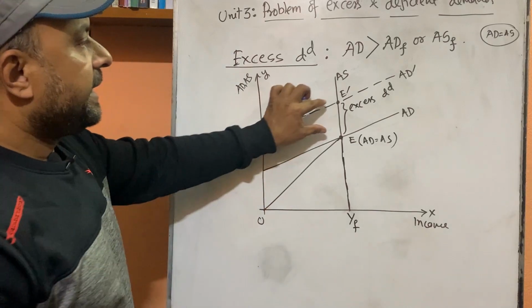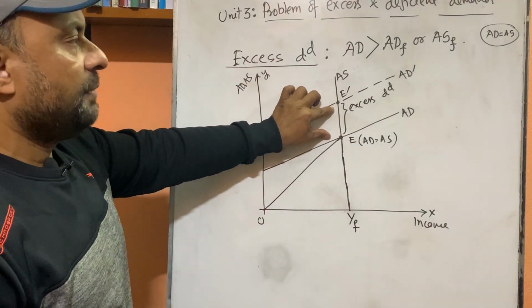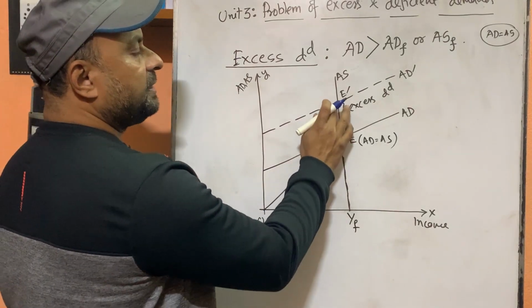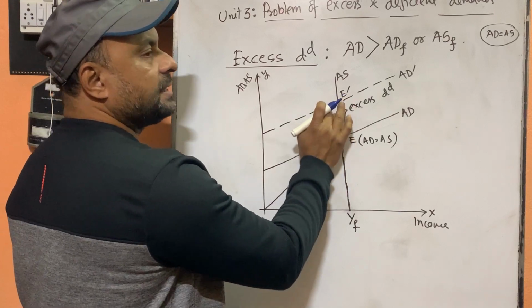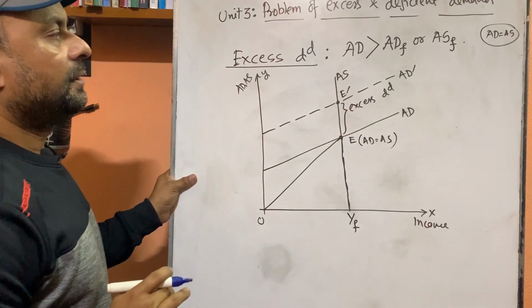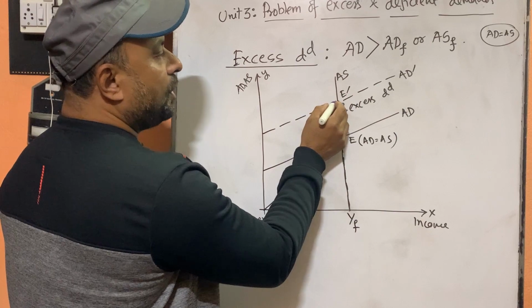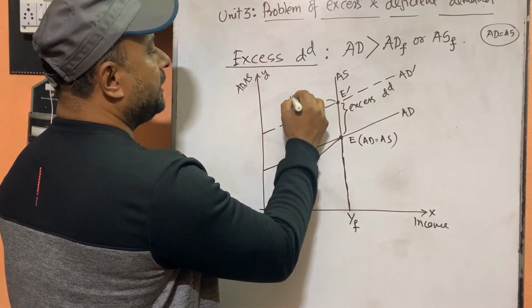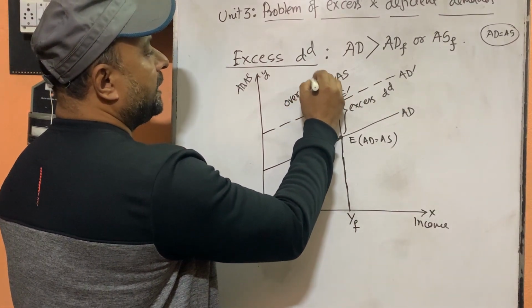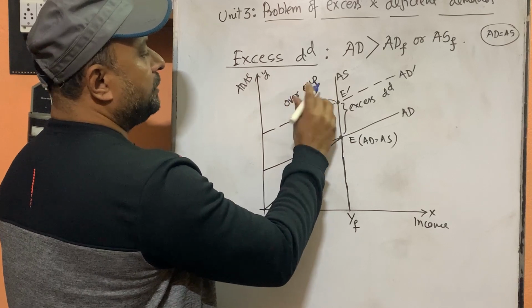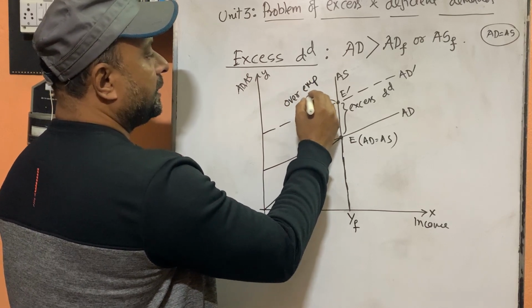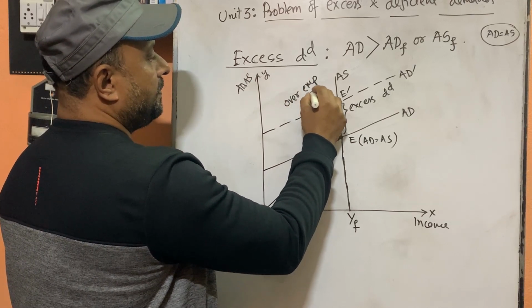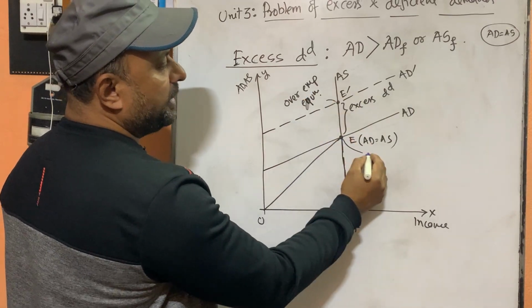Aggregate demand rises beyond full employment, and this is nothing but excess demand. This E is called the over-employment equilibrium point, and this is the full employment equilibrium point.